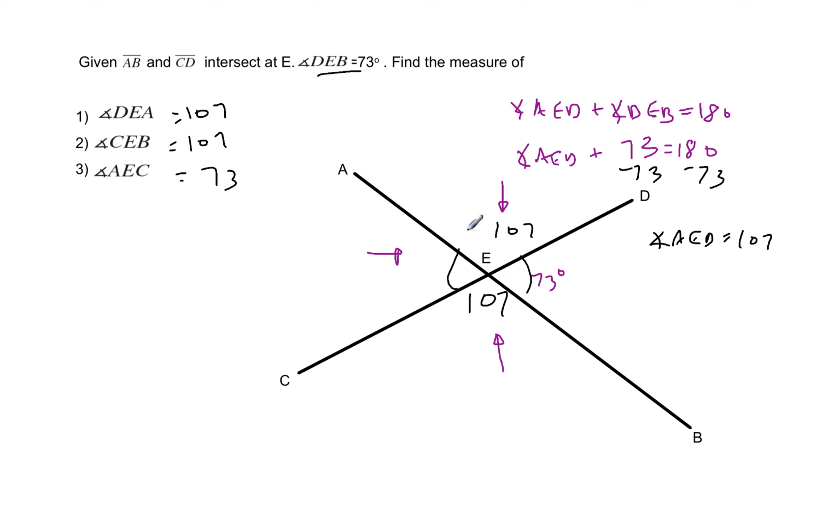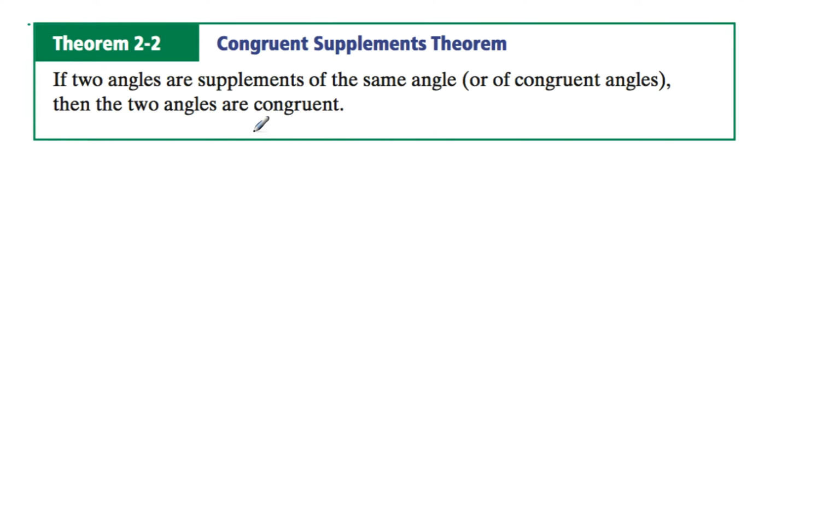In other words, these two angles, angle AED and angle CEB, are supplementary to the same angle, namely angle DEB. They're both supplementary to 73 degrees. If each of these are supplementary to the same angle, then those two angles must be congruent. So let's take this down in our theorems and definitions. Put your player on pause, take this down before you go on to the next slide.